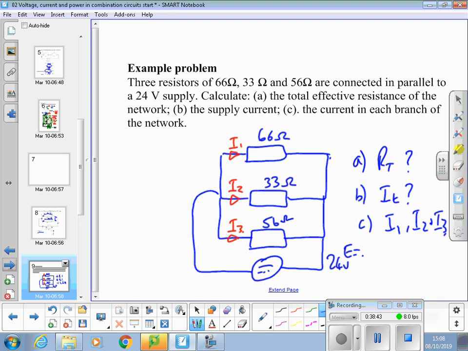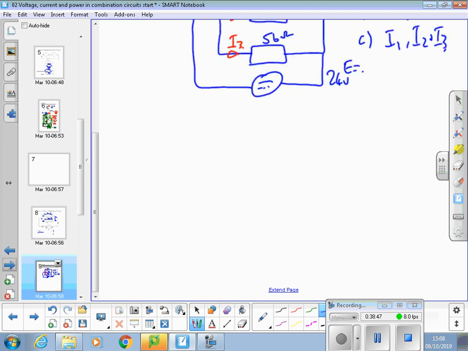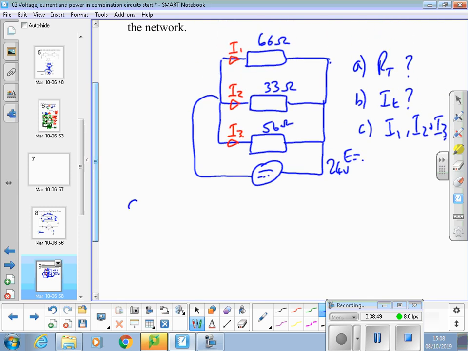Right. So how are we going to calculate the total resistance? I want RT. What's the formula for RT, parallel circuit? If you do it that way, it must be 1 over RT.